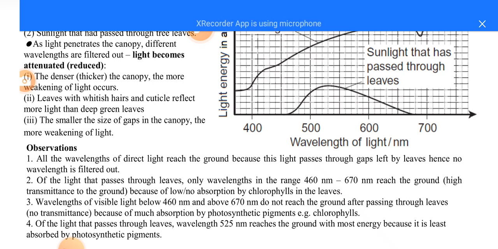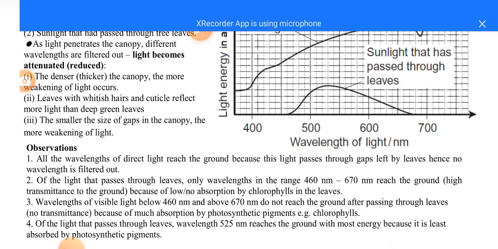Remember the other side, we looked at the most light which is absorbed: one at 400 nanometers and the other at about 700 nanometers. The one at 400 nanometers was the blue light, and the other was the red light. So this range, 460 to 670, reached the ground due to transmittance, because this light won't be absorbed by the chlorophylls in the leaves.